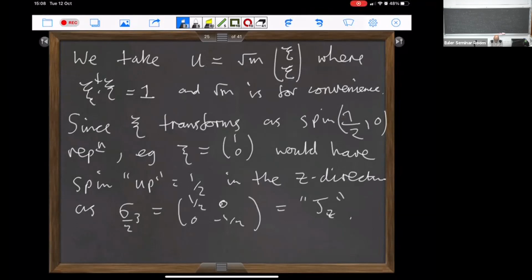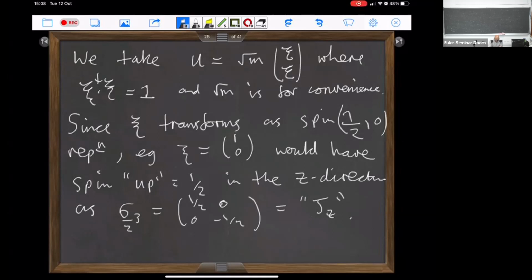So we'll take the four-component u to be the square root of m times a four-component spinor whose upper two entries are zeta and whose lower two entries are also zeta. And zeta is normalized to be 1, meaning zeta dagger zeta is 1.